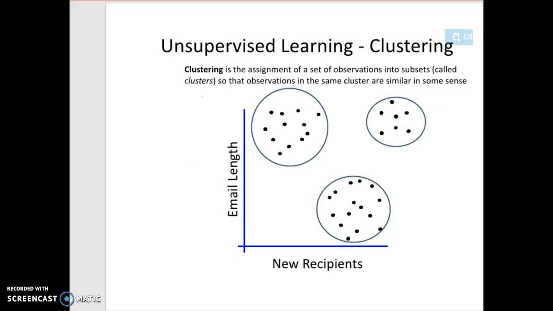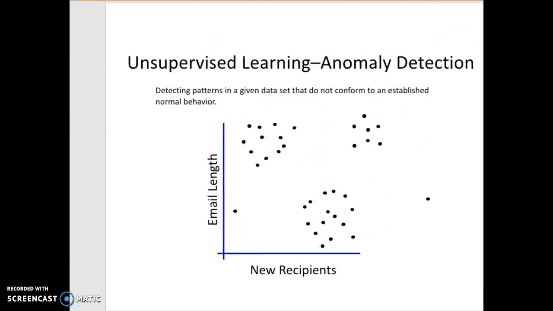So this is unsupervised learning for clustering. They cluster groups based on the distance here. There are many types of distance measurement. You have Euclidean distance, you have Manhattan distance, and many more. Unsupervised learning is also used in anomaly detection.